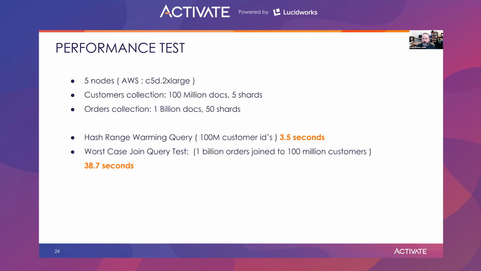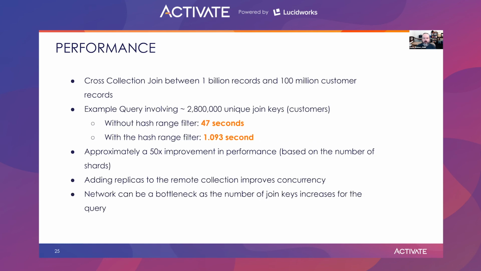But most people don't need to actually join on all 100 million unique join keys. Rather, they can look at a subset of those. So we looked at a more practical example where we ran a query. I think it was for all customers in California or something. This roughly returned about 2.8 million unique customer IDs.